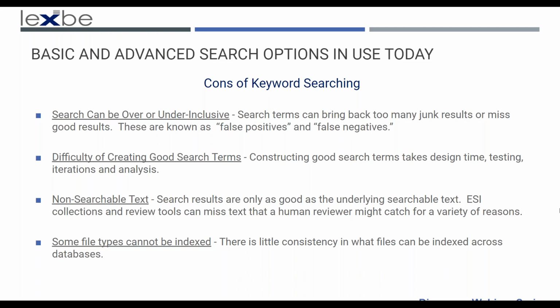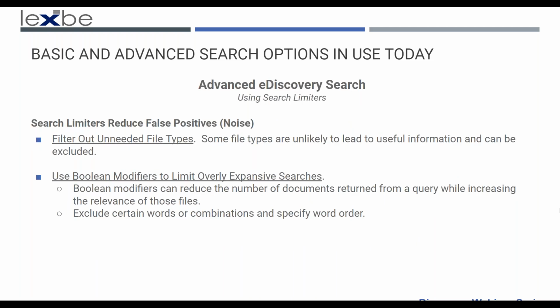So right on the front of your search, you're going to be able to filter out some unneeded file types. So these would be maybe some PNG files that get attached as images to an email. It could be, when your email is uploaded to your platform, it extracts out each image as a .png file.